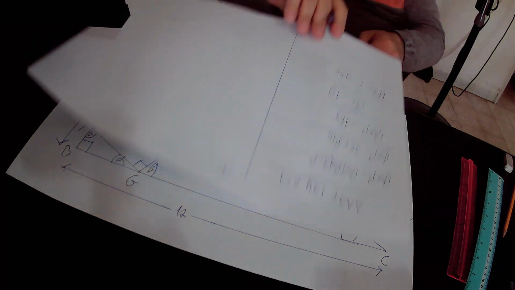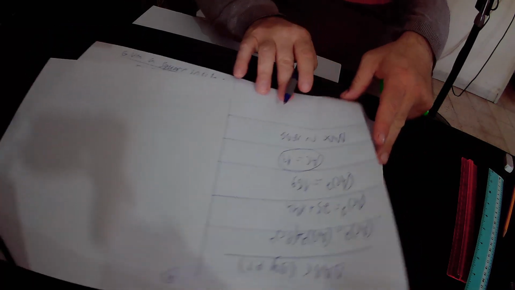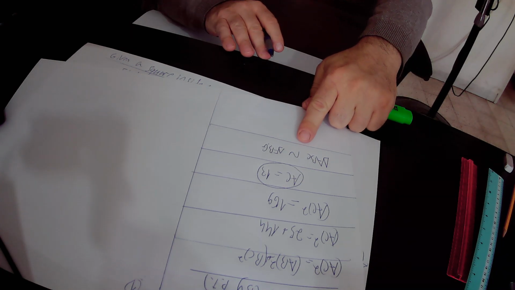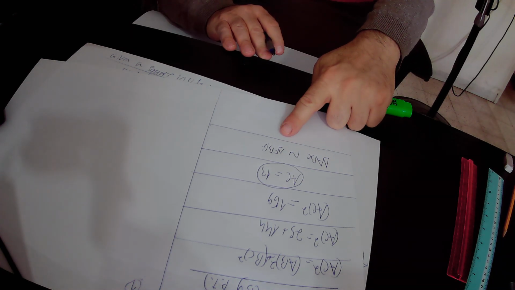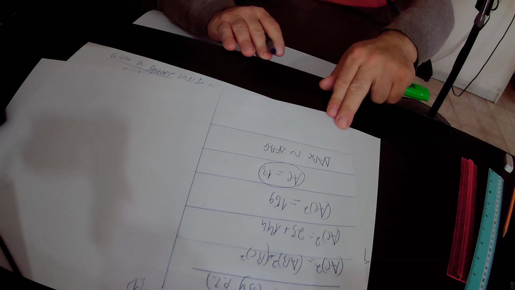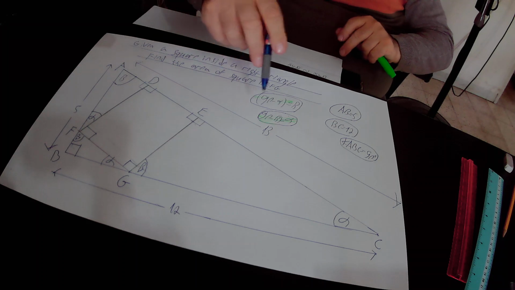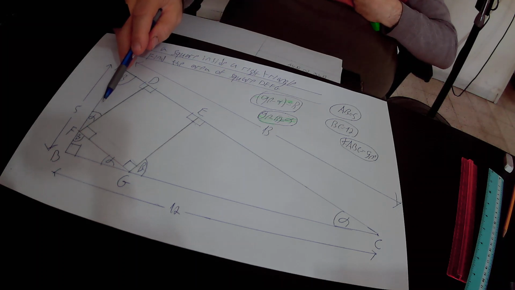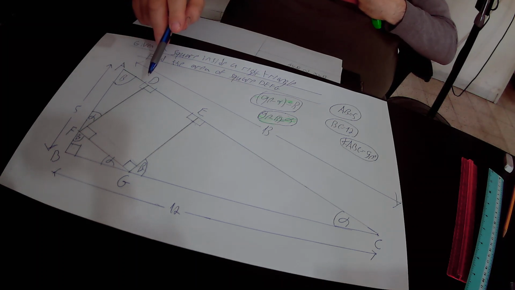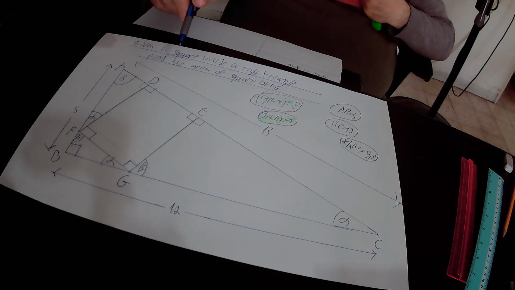The big right triangle ABC is similar, this is the sign of similar, to the small right triangle FBG. And from that, we will derive that the following relationship exists between their sides.